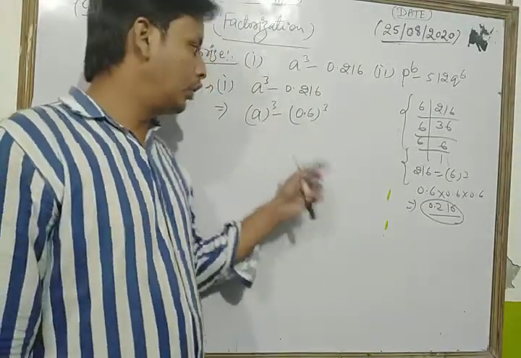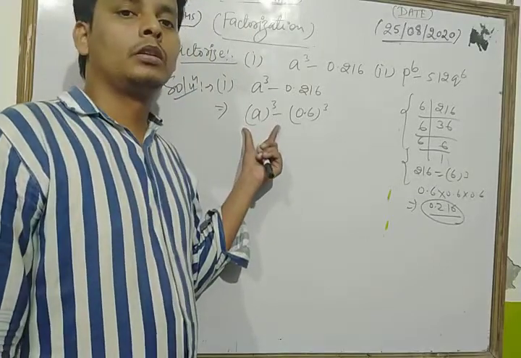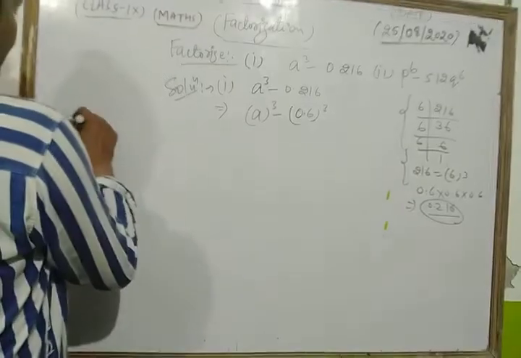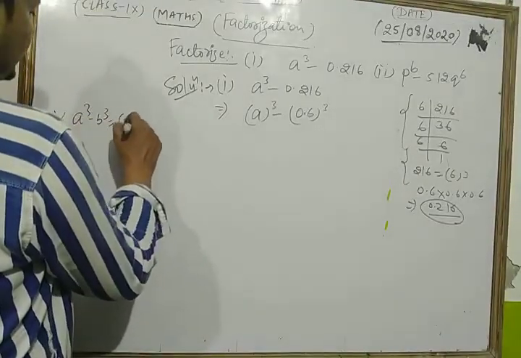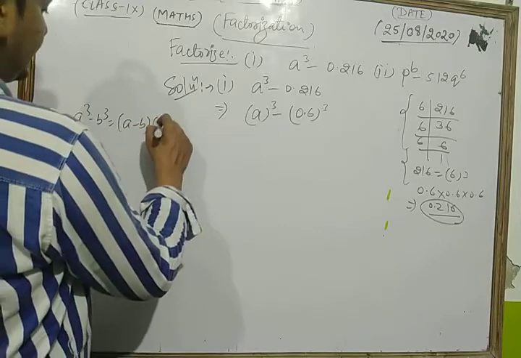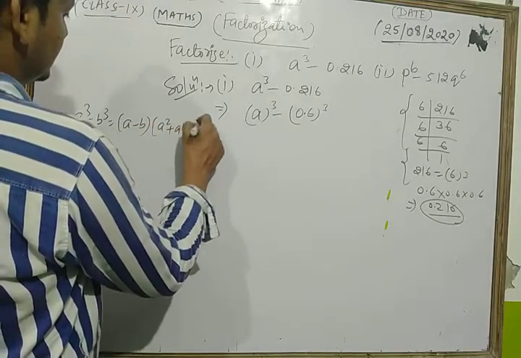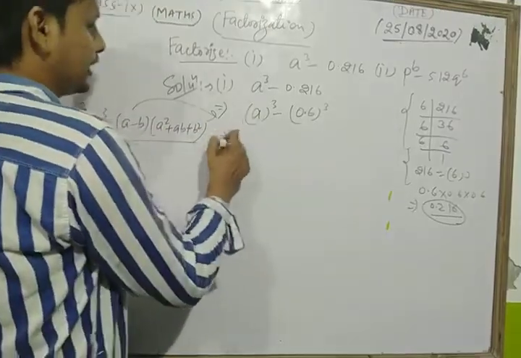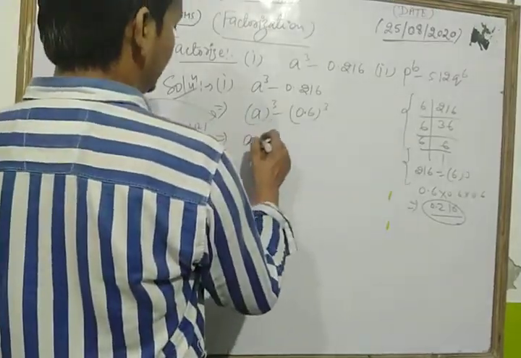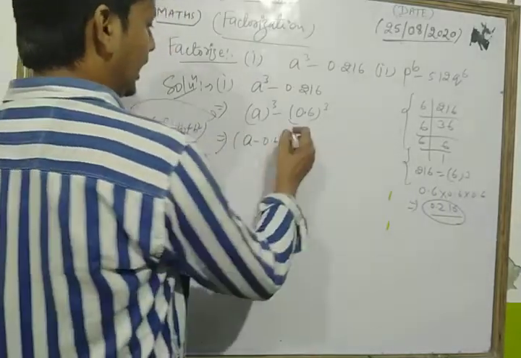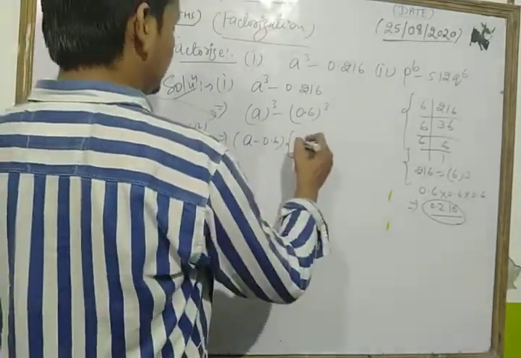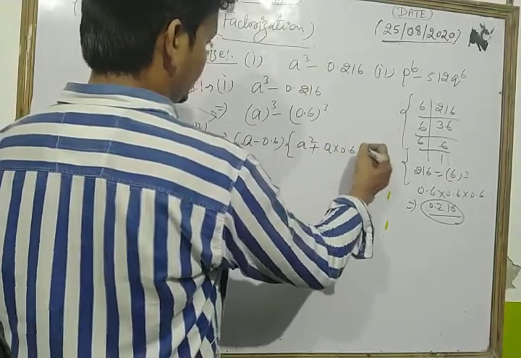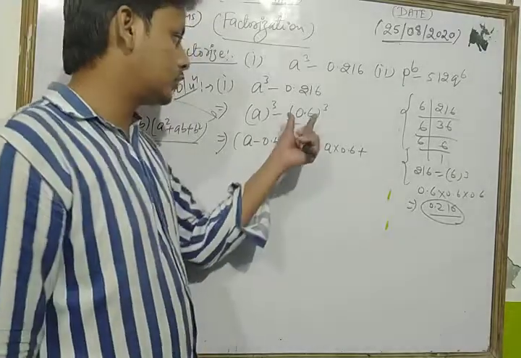Now clear? Now we expand the given question using the identity. You know that very well, no? You know that a cube minus b cube is a minus b, and in another bracket a square plus ab plus b square. So here we apply this identity and get a minus 0.6 in one bracket, and in another bracket a square plus a into 0.6 plus b square, b is 0.6 square.